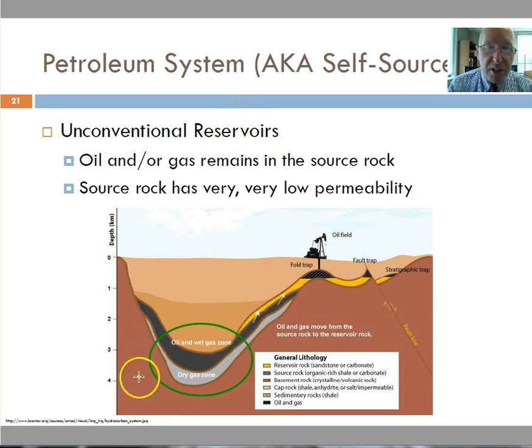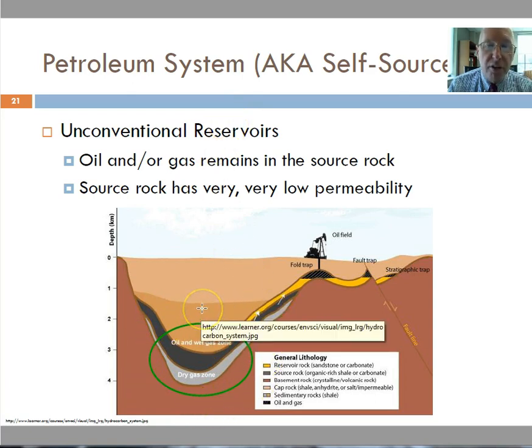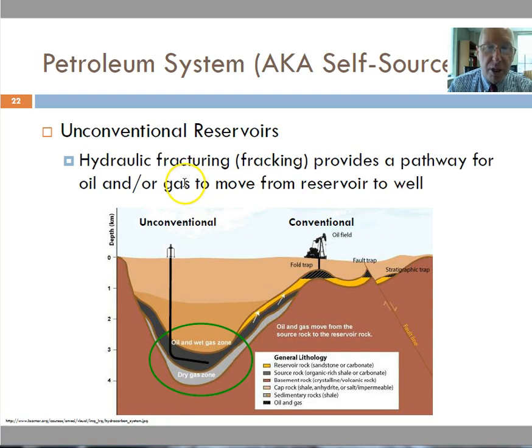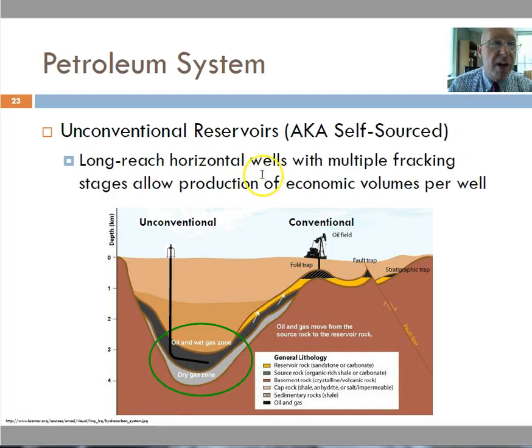Now we talk about the self-sourced or the unconventional plays, and this is where you're actually drilling into the source rock, which typically has low permeability, and it's typically done with horizontal wells combined with fracking.